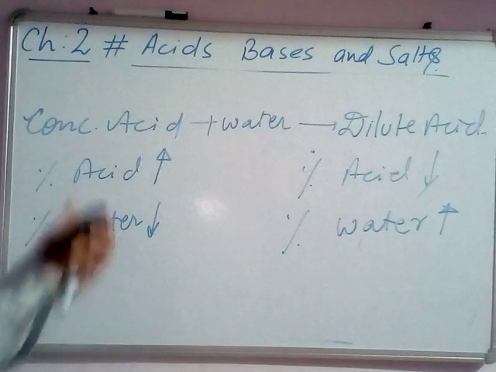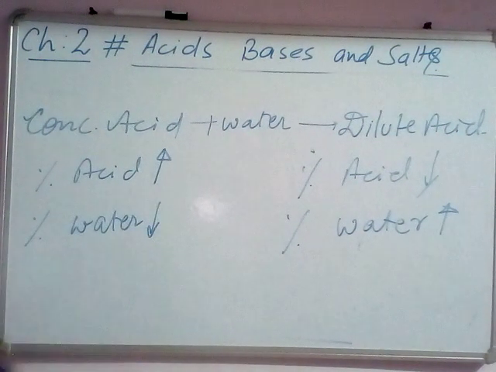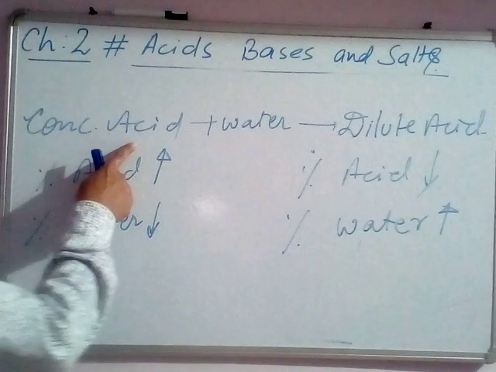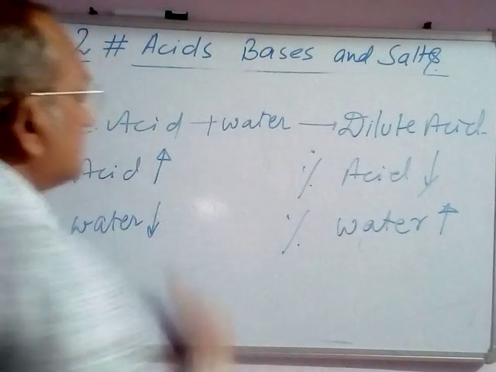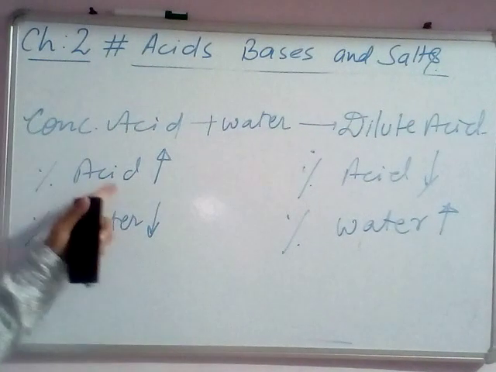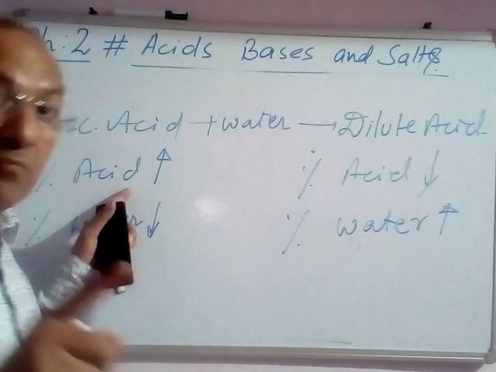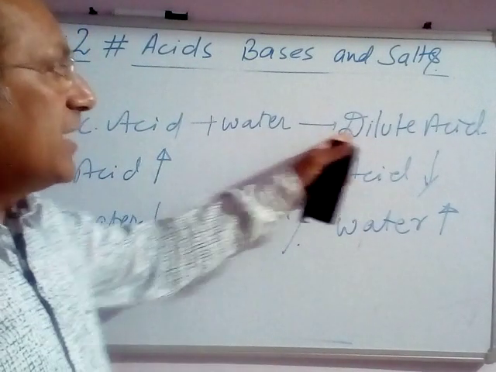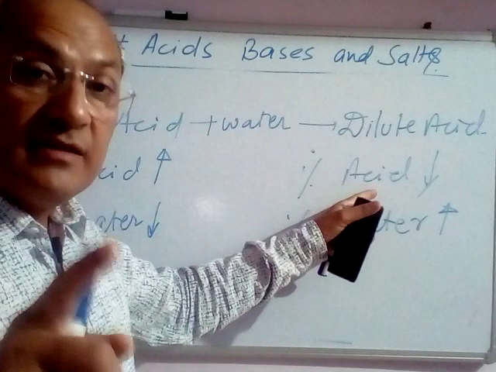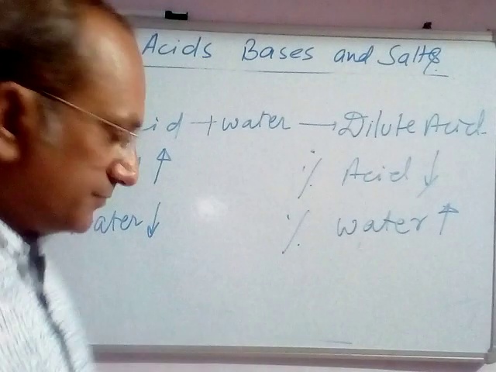So you can say this is the term concentrated acid and dilute acid. In concentrated acid, the percentage of acid is more than water. In dilute, the percentage of acid is less than water.